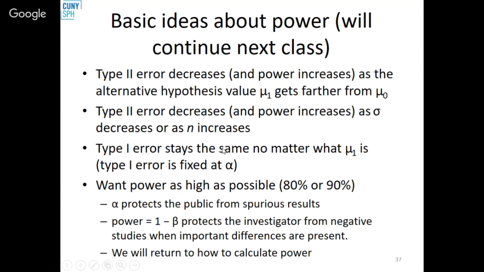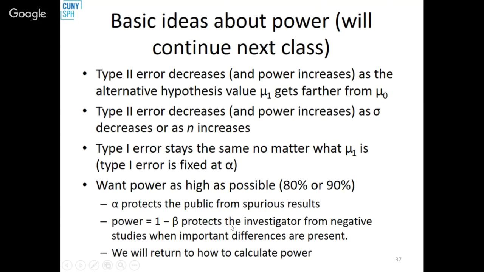The type 1 error stays the same no matter what mu1 is. We just fix the type 1 error, whereas it's the type 2 error that changes for a fixed alpha.